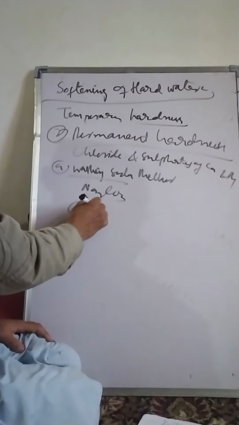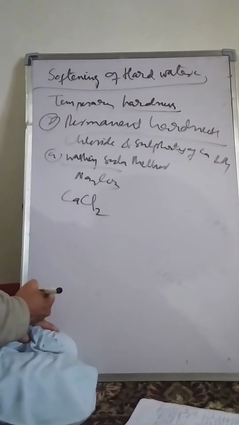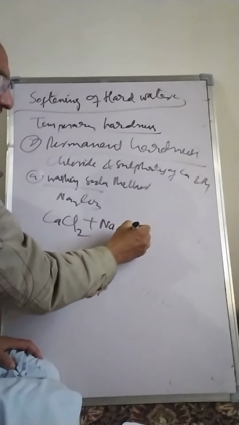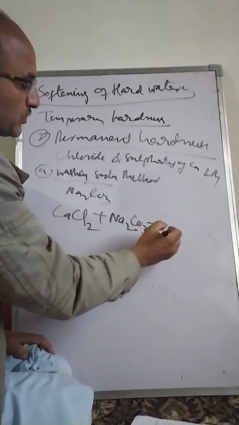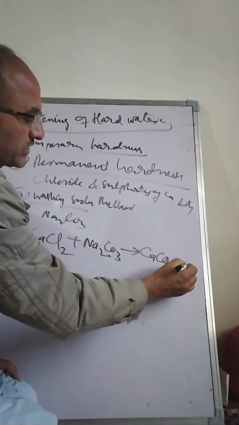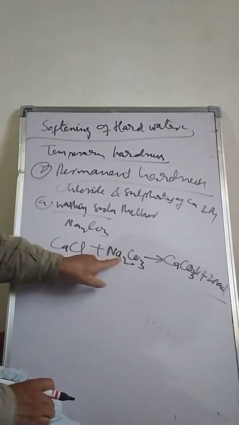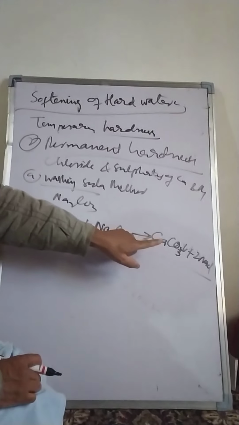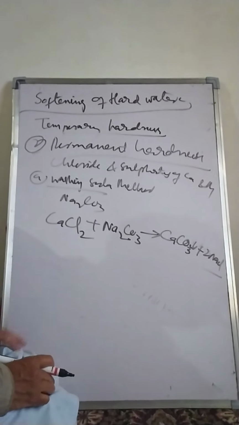If it contains calcium chloride or magnesium chloride, sodium carbonate reacts with it to produce calcium carbonate, which is a precipitate, plus NaCl, which is salt. The precipitate can be removed through filtration or settles down, and we get pure water.